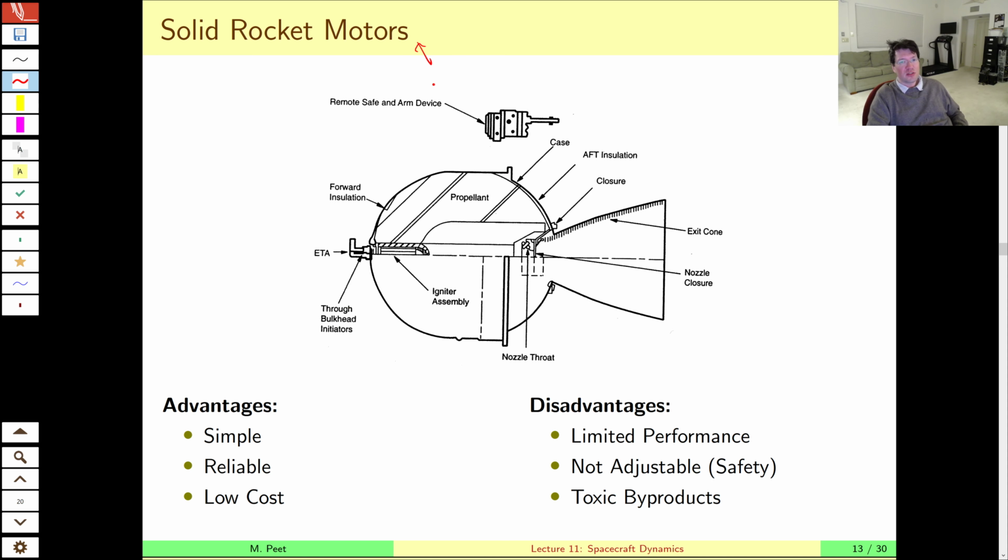If you have model rockets, for example, they all use solid rockets. Fireworks are basically solid rockets. And the solid rocket concept is really quite simple. You have something like gunpowder in here.